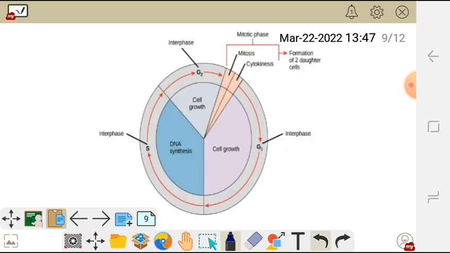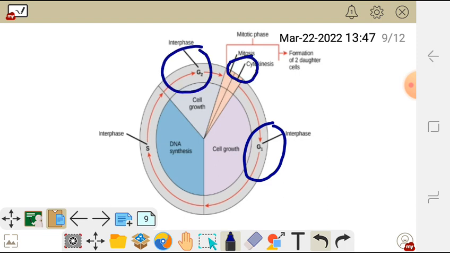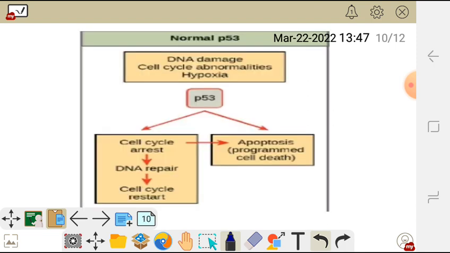As the cell proceeds through the different checkpoints, the G1 checkpoint, G2 checkpoint, and then the mitotic checkpoint, p53 stops or signals the cell if there is any problem, if the cell is not in good condition, like if there is an abnormality in the cell.